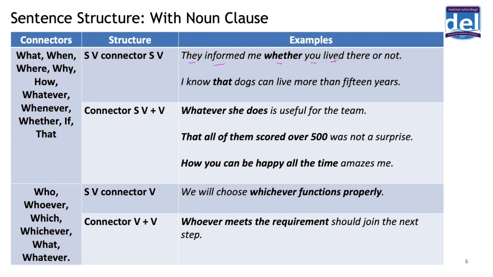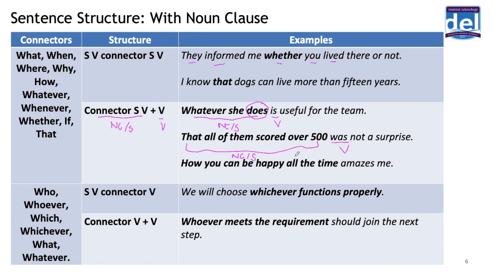Or maybe you have a structure like this: connector, subject, verb, verb. The clause functions as a subject in the sentence. You still remember, right? A complete sentence must have at least one subject and one verb. One example that I often see in the TOEFL test is the use of a noun clause with connector that as a subject.